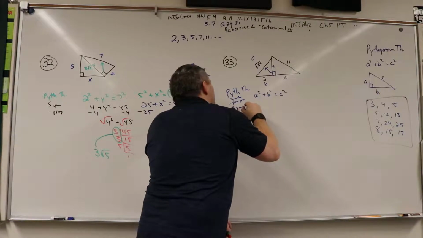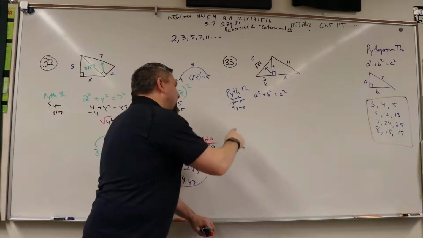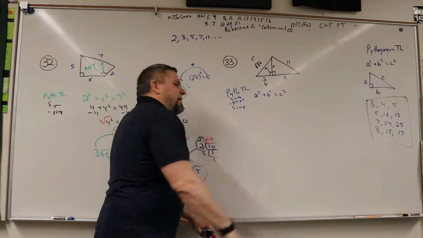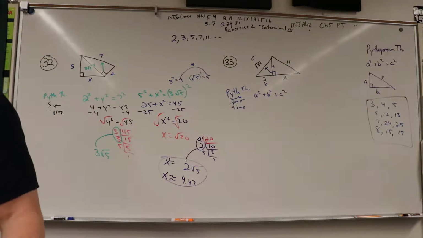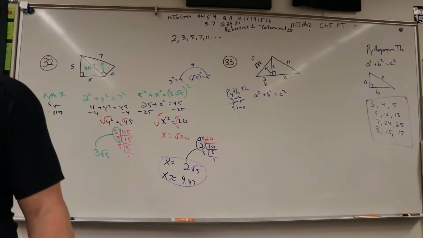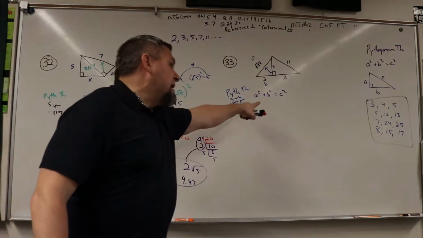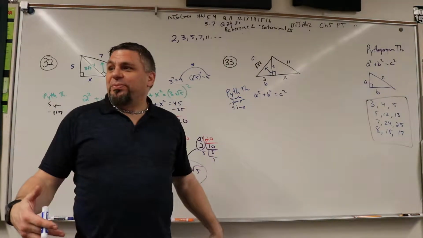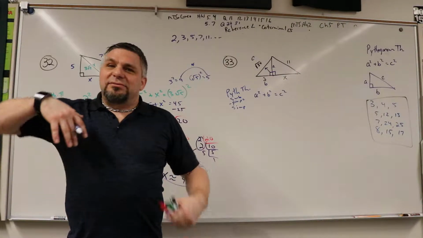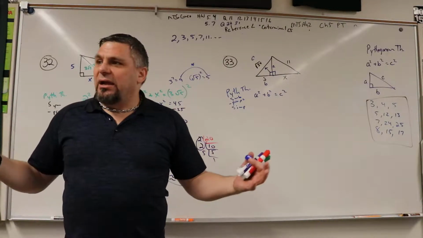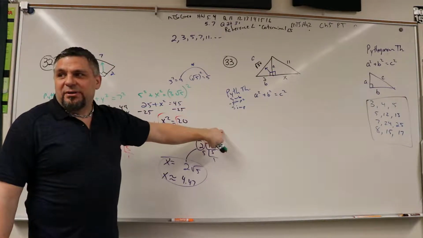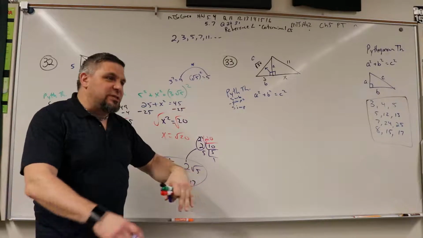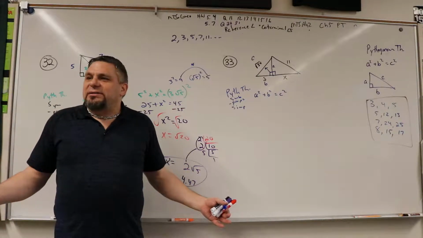I always know I'm going to do these things because that's what we have to do to solve. You add or subtract. In this case, because we're adding, we subtract, and then we simplify. So every time we do the Pythagorean theorem, we're going to do these 4 steps. Just list these 4 steps. That's all I'm asking you to do.